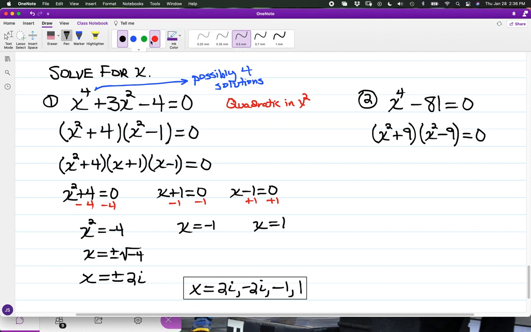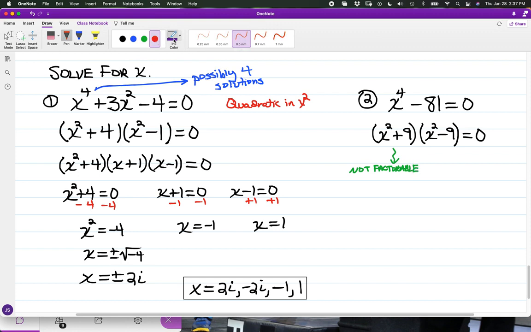Now, notice I could not factor x squared plus 4, but I could x squared minus 1. I'm just going to mention, with sum of squares, this one is not factorable.